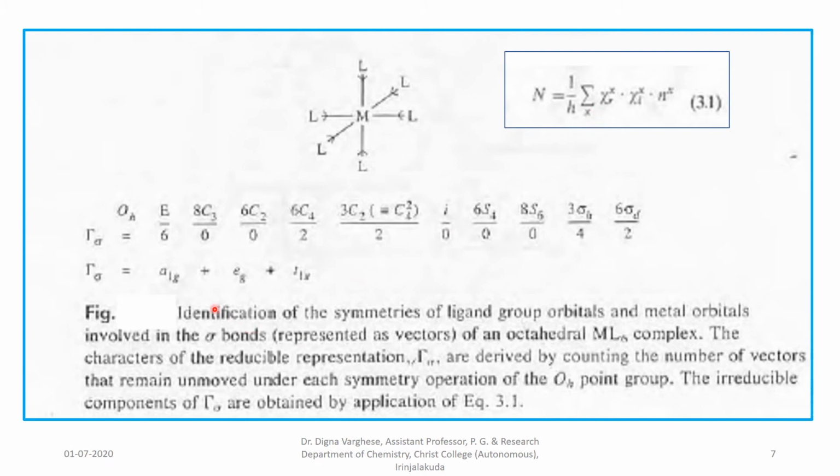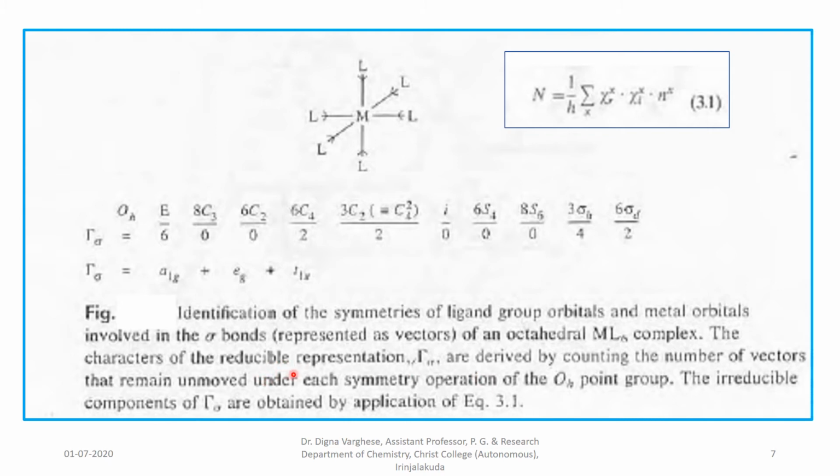The reducible representation can be calculated by using the formula n equals 1 by h sigma of chi R times chi I of x times n raised to x. From this equation we calculate by the use of a character table, and we get the ligand group orbitals as A1g, Eg and T1u for an octahedral ML6 complex.